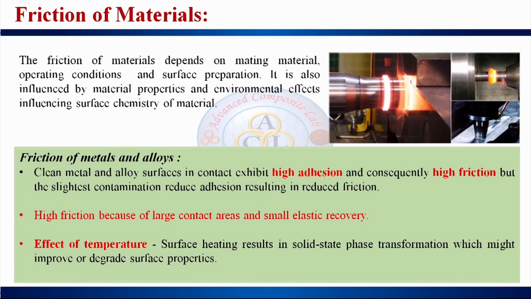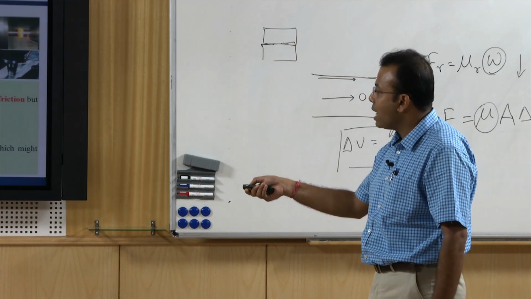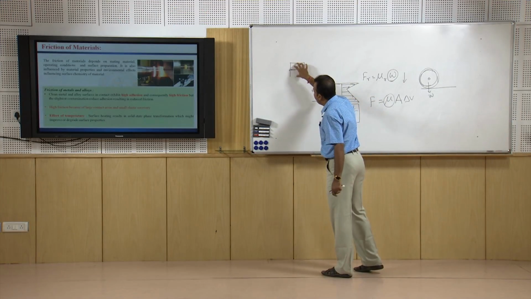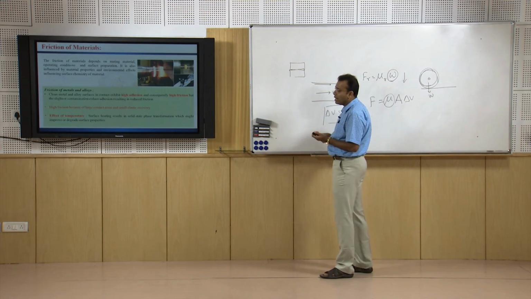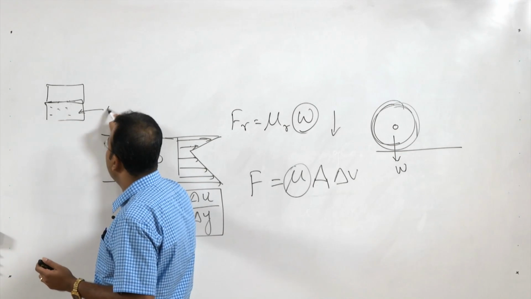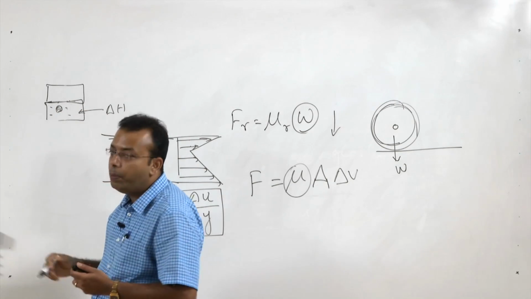And the third is the effect of temperature, because temperature also plays a big role in friction, because surface heating results in solid state phase transformations which might improve or degrade the surface properties. So, when we are preparing certain materials and adding certain kinds of fillers into them, and we apply a particular heat to the material, maybe the particles will be activated.